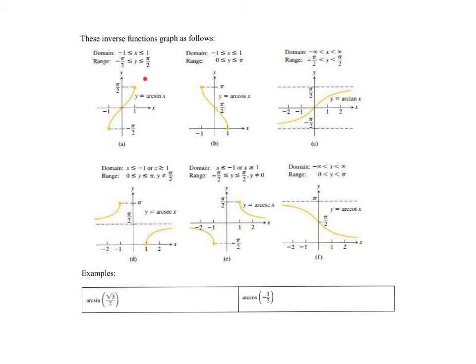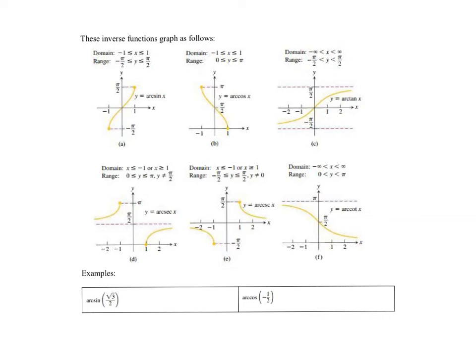You notice that the domain and the range in an inverse trig function flip places. This is what arc sine looks like. This is what arc cosine looks like. Again, domain and range flip places. So you need to remember that your domain and your range are limited.